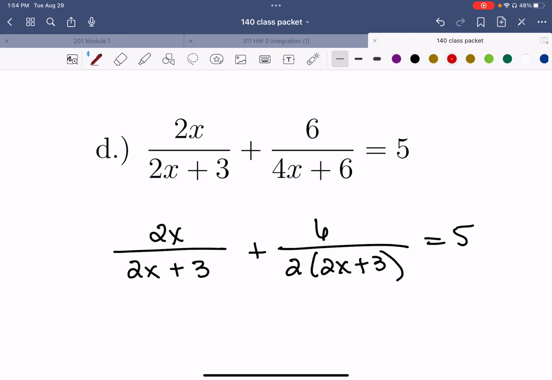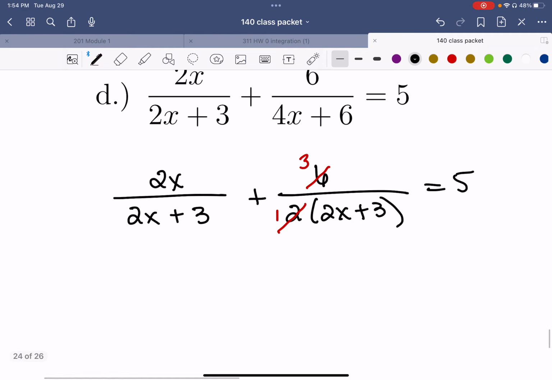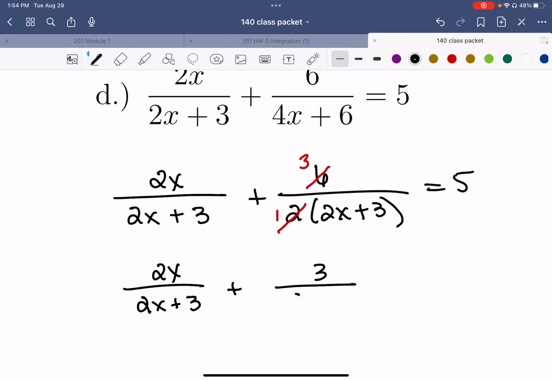And then I can actually cancel that 2, right? So there's a 2 that goes into there once, and a 2 goes in here 3 times. So that means I can reduce this all the way to 2x over 2x plus 3, and 3 over 2x plus 3 equals 5.